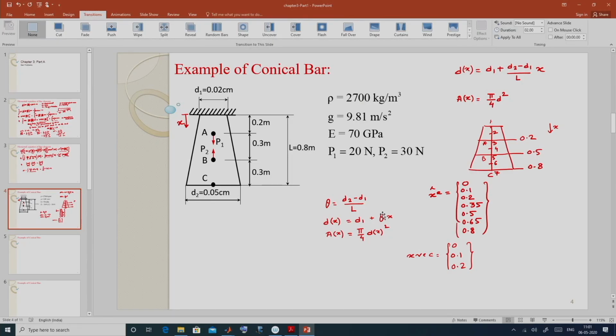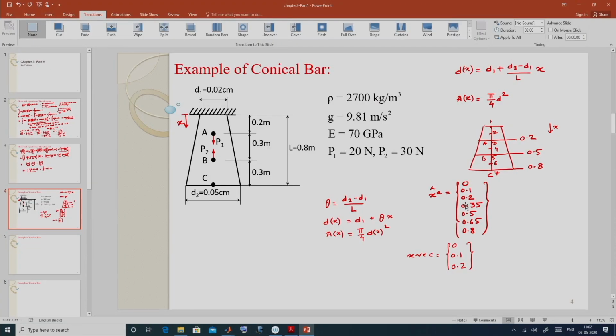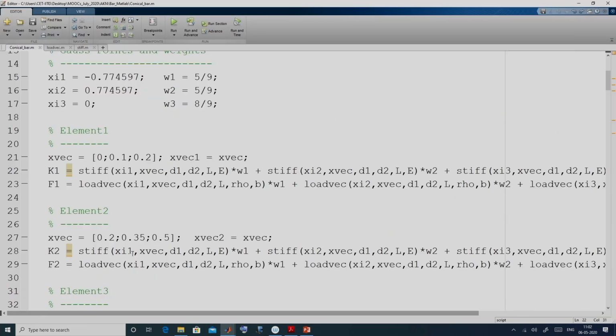For element 2, this xc hat changes to the nodal coordinates 0.2, 0.35, 0.5. This is our new x vec, and this is the only thing we change from element 1 to element 2.